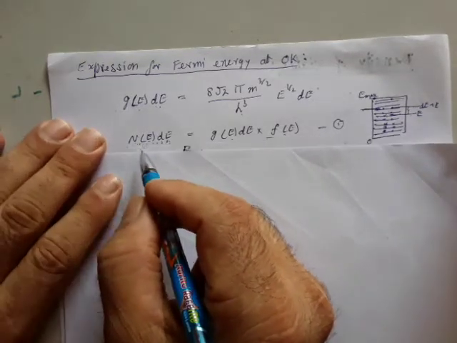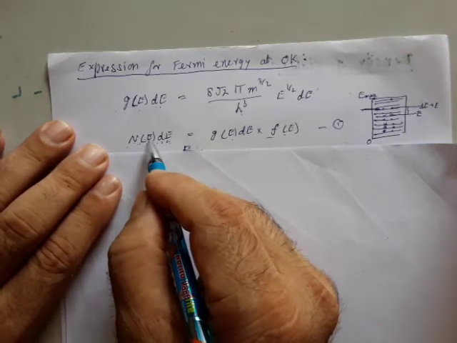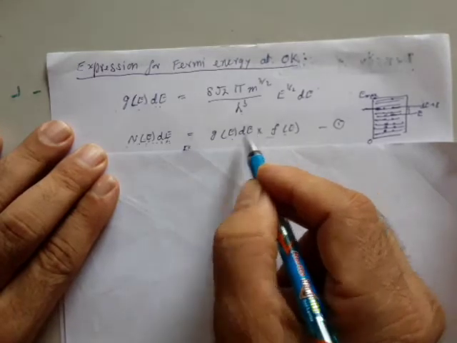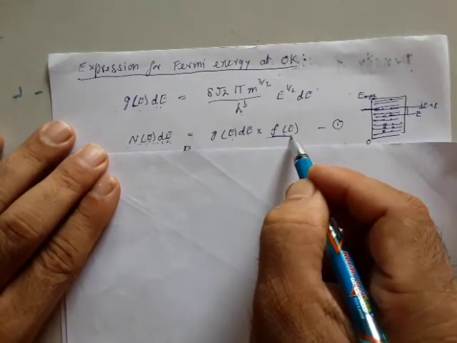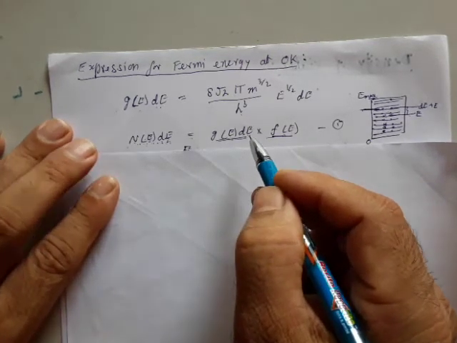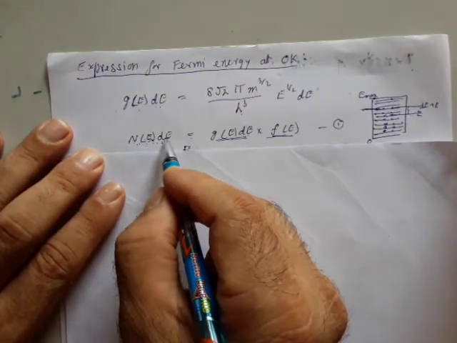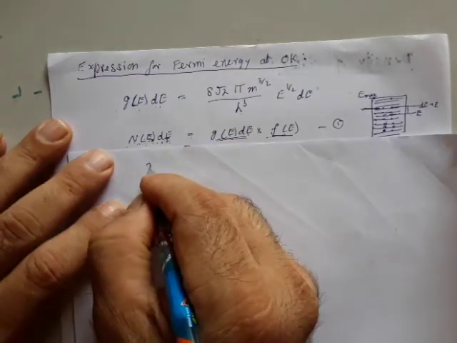The number of electrons within the range E and E plus dE is given by the product of G of E dE and F of E, because it depends on the probability and on the total number of energy levels that are going to be present. Now, if these are the number of electrons only within this range of energy, what is the total number of electrons going to be present?